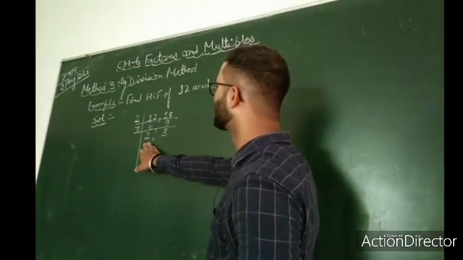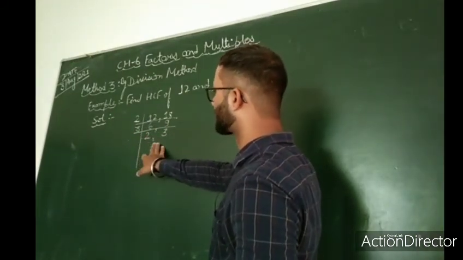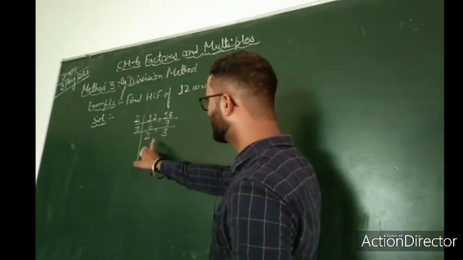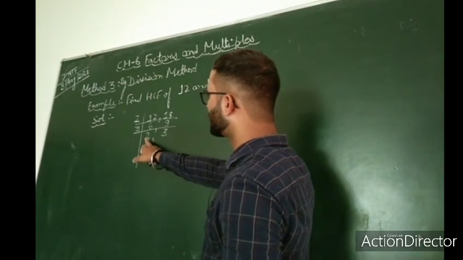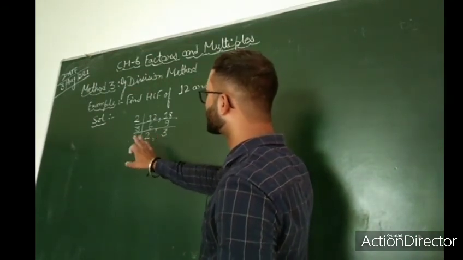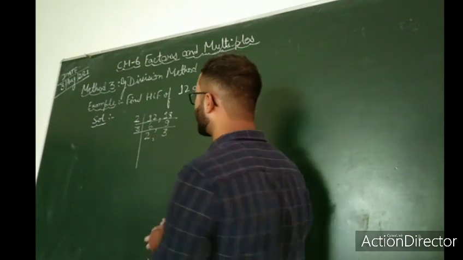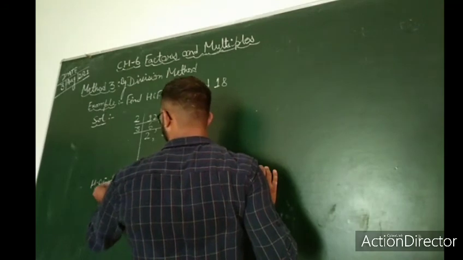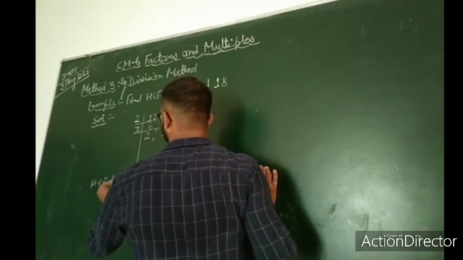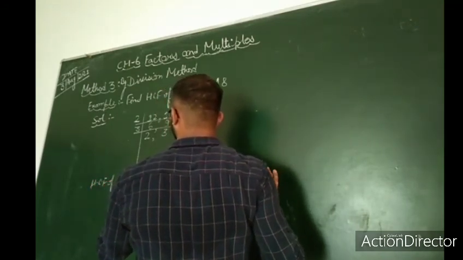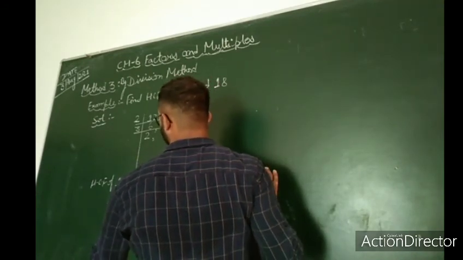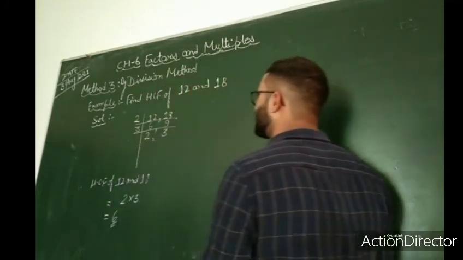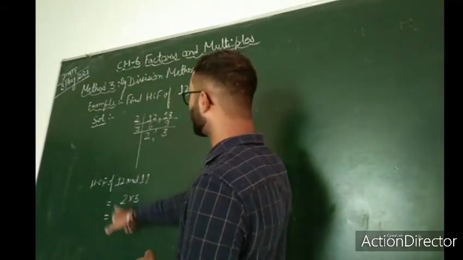Now we stop dividing, because 2 and 3 do not have any other common factor, so there is only one common factor out of these two. So we write the GCF of 12 and 18 is equal to 2 multiplied by 3, which is 6.